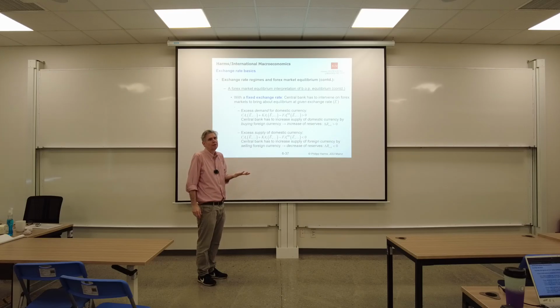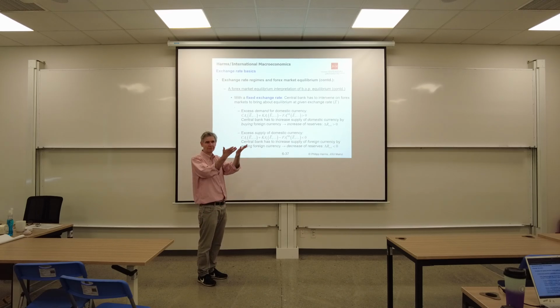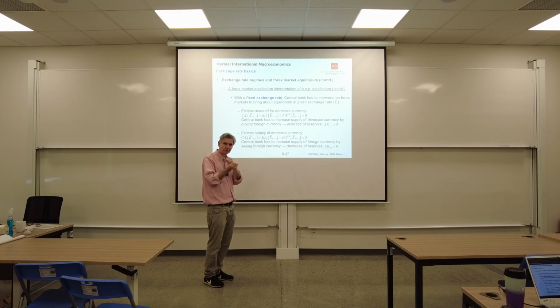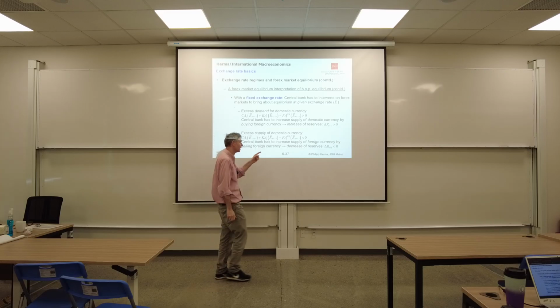Or suppose I feel like the mango price is too low. Then I would just take the money that I have and buy more mangoes and push up the price. This is exactly how foreign exchange interventions work, right? You either sell foreign currency or you buy foreign currency and you try to influence demand-supply conditions on the foreign exchange market.